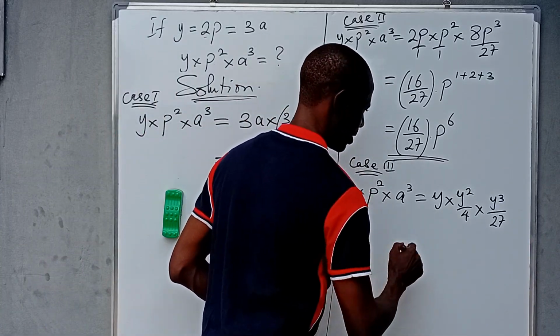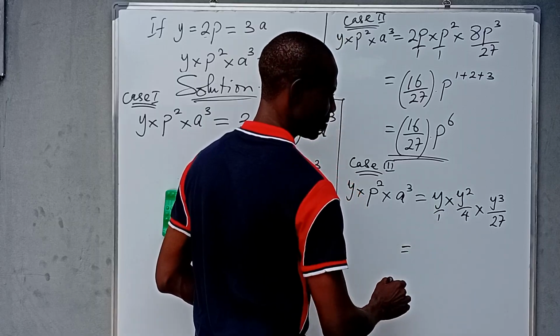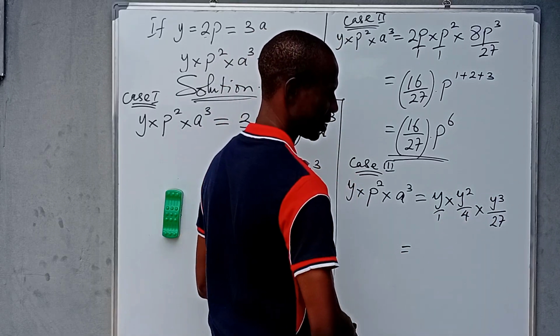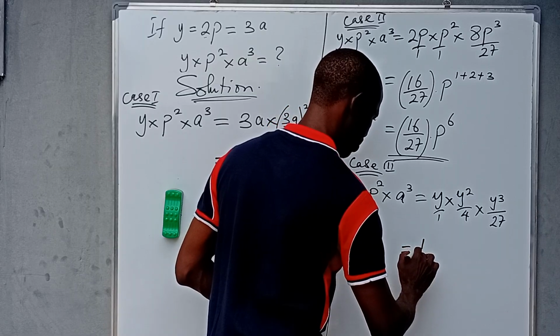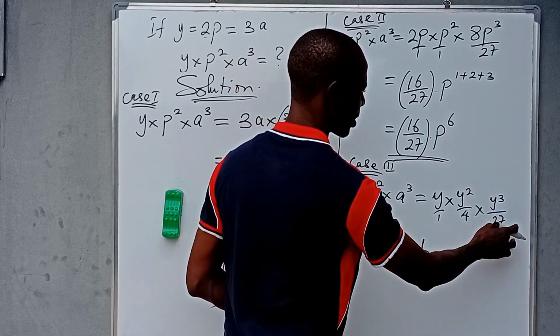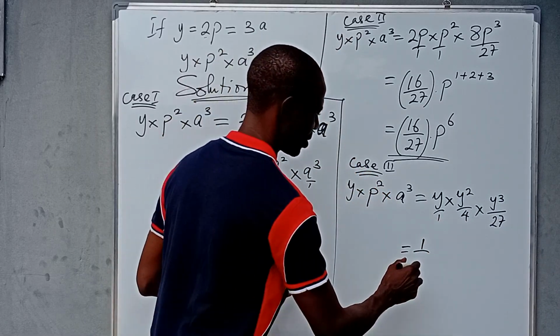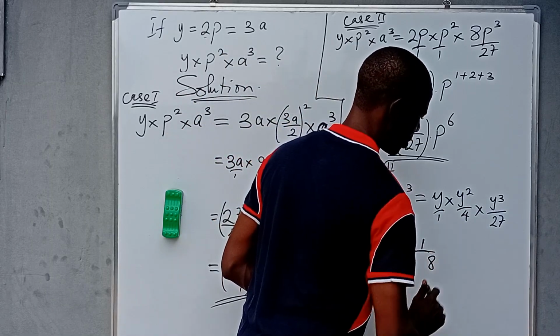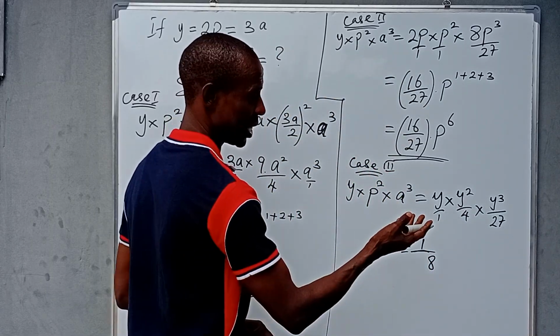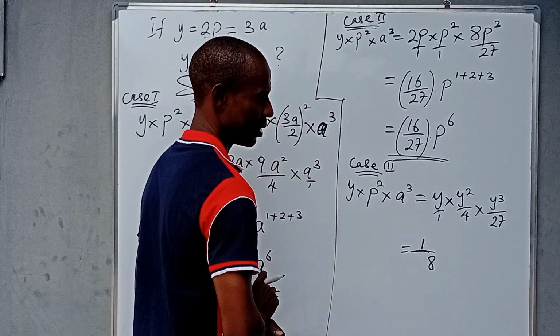If we simplify, this is going to give us this all over 1. Nothing can cancel out here. If we multiply everything here, the coefficient is going to give us 1 all over, then 4 times 7 will give us 28, so we have 8 and carry our 2.